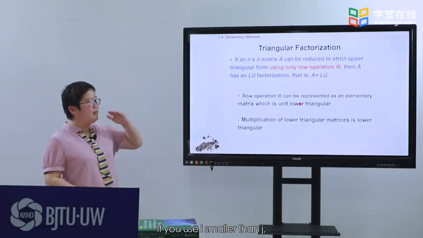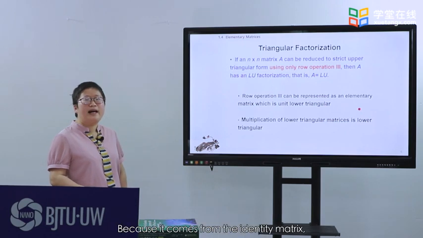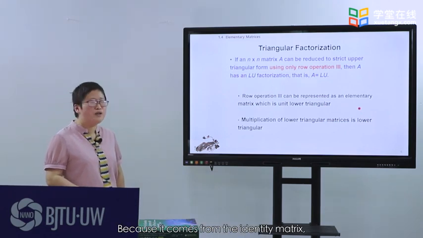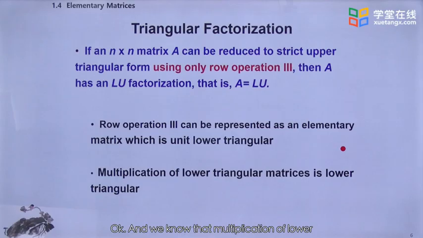If you use i smaller than j, then you will get a lower triangular matrix. And because it comes from the identity matrix, of course, it is a unit lower triangular matrix. Okay, and we know that multiplication of lower triangular matrices is still lower triangular.